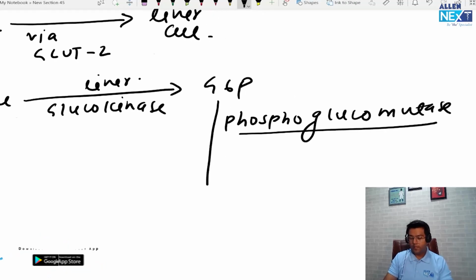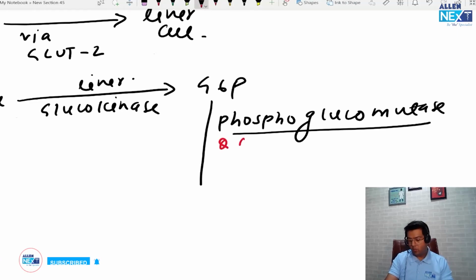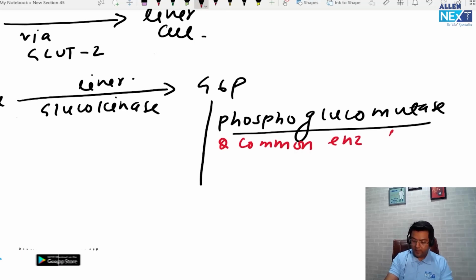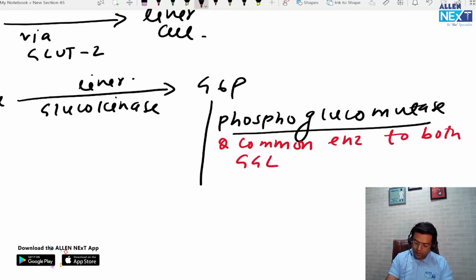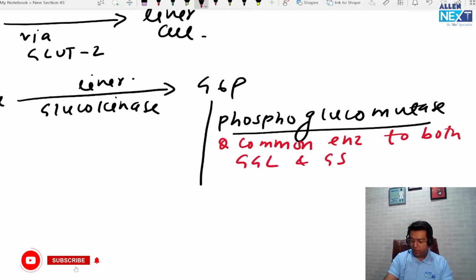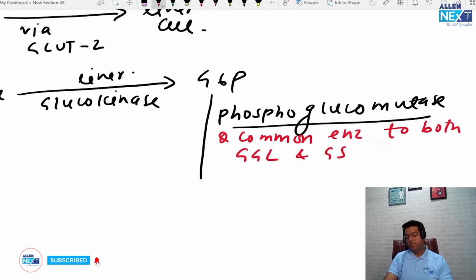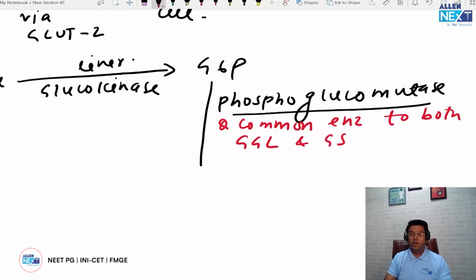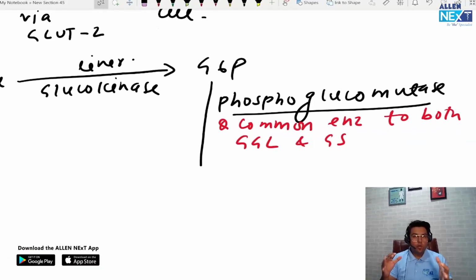Why? Because this is the enzyme, I am writing it here because I will ask this question again in a later chapter. It is the common enzyme to both glycogenolysis and glycogen synthesis. I have written GGL for glycogenolysis and GS for glycogen synthesis. So what is the common enzyme used in both pathways, glycogen synthesis and glycogen degradation? So guys, this is the answer.